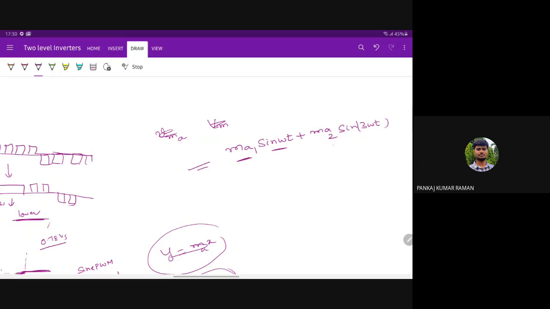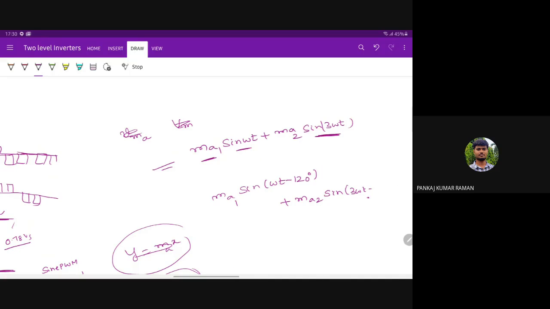Then you have another one, MA1 sine omega t minus 120 degrees plus MA2 sine 3 omega t minus 120 degrees. This is the A phase modulating signal, and this is the B phase modulating signal. Similarly, you have the C phase modulating signal.